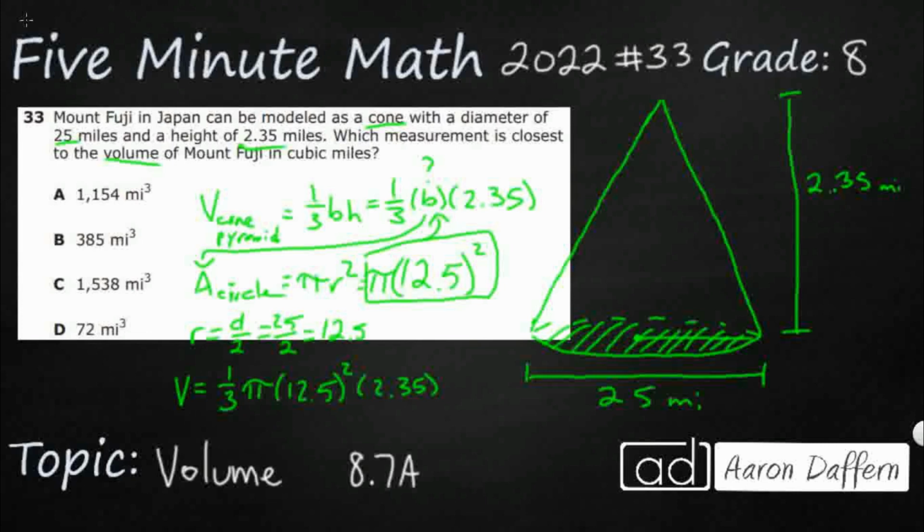Dividing by 3, multiplying by a third, that's the same thing. So I get about 1.04. Now I'm going to multiply that times 2.35. I'm going to get about 2.406. Then I need to multiply that by 12.5 squared, and you get B.